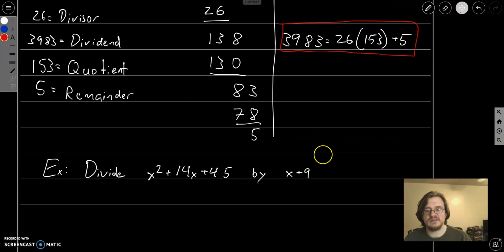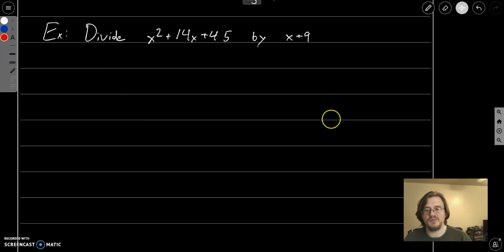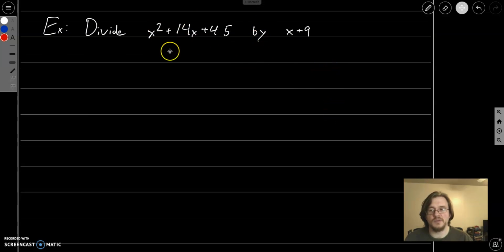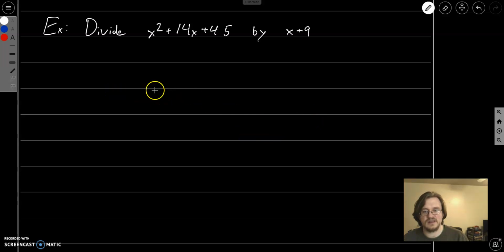So let's do the same thing, but what we're going to do is we're going to divide some polynomials. I'll explain all my steps, and then I'll write down what the steps were after the fact. Let's take x squared plus 14x plus 45, and we'll divide it by x plus 9.